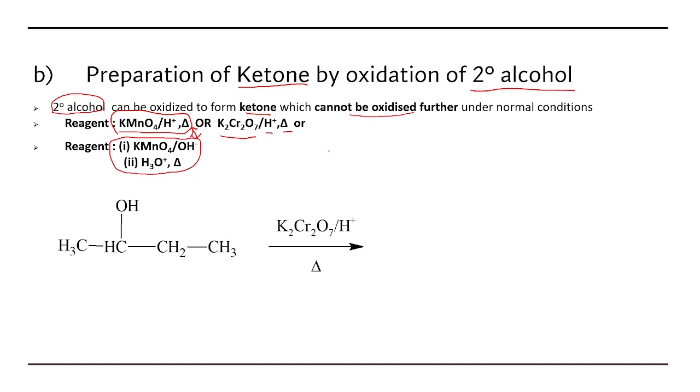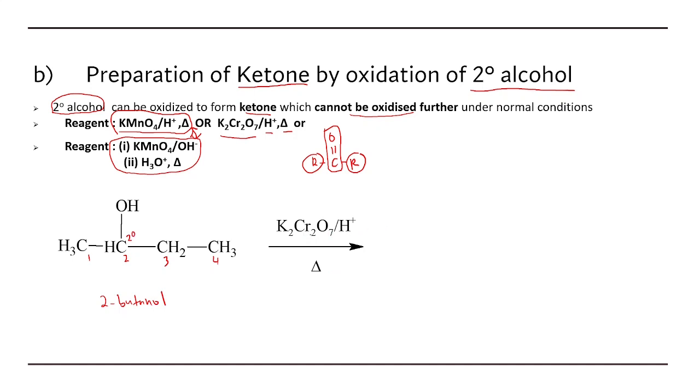So let's see. Aldehyde, ketone. What is ketone? You should remember that it will form a structure like this. This is the carbonyl group. This is an alkyl group. This is also an alkyl group. So how many carbons here? 1, 2, 3, 4. So this one is actually 2-butanol, because this one is a secondary alcohol.